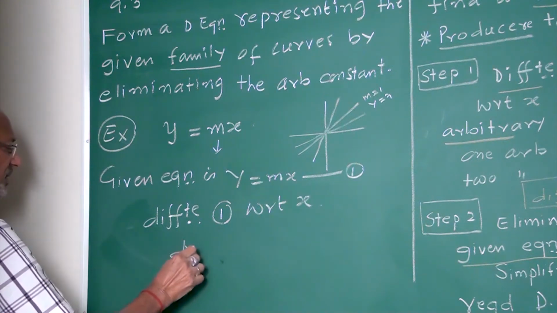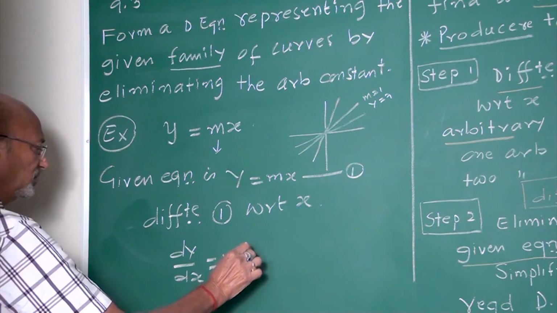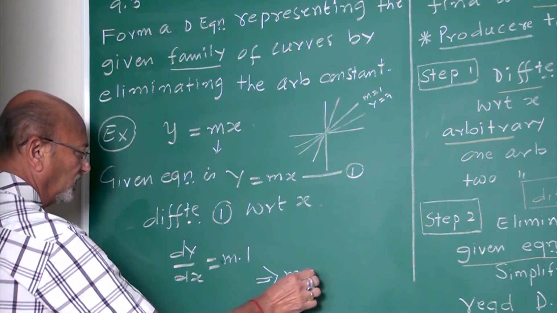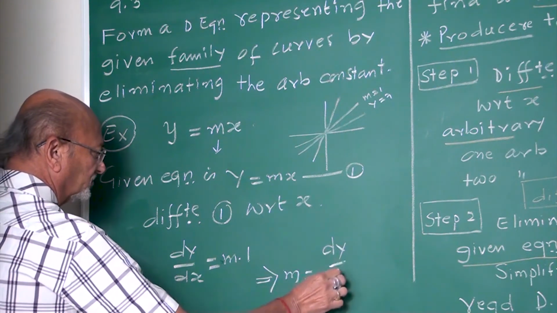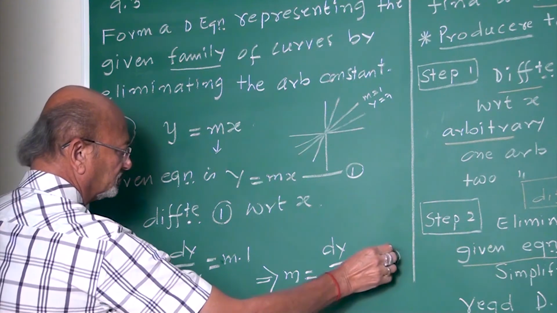This is dy by dx equal to m into the derivative of x, which is 1. From this you get the value of m as dy by dx. This is your second equation.